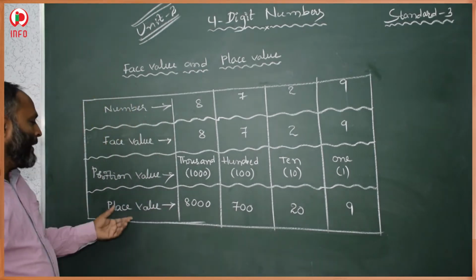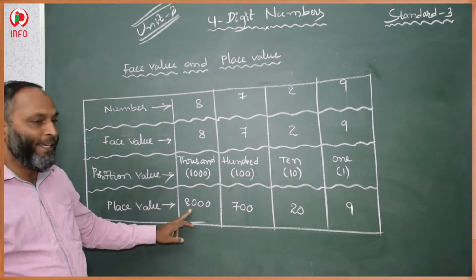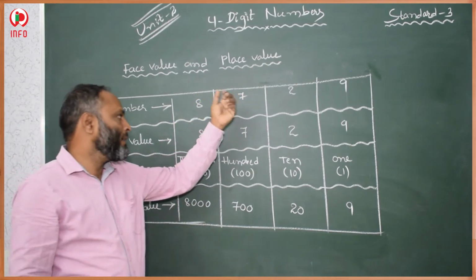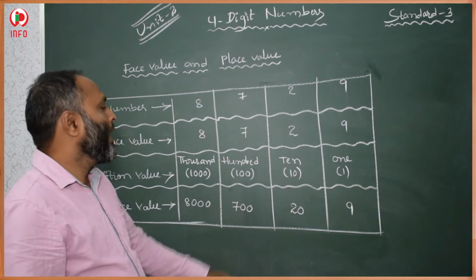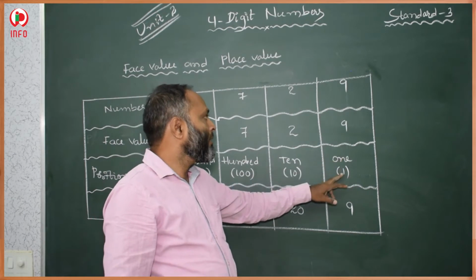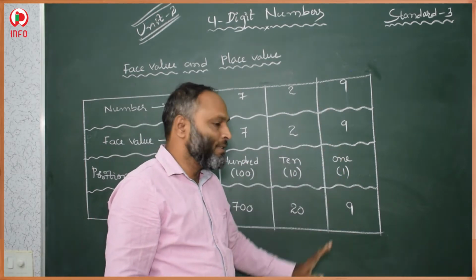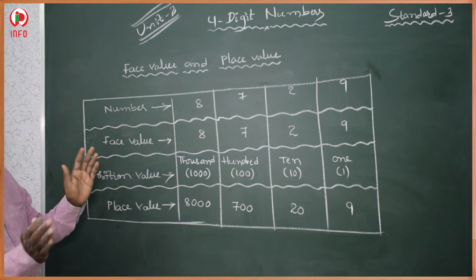Then place value: 8 into 1000, 8000; 7 into 100, 700; 2 tens are 20; and 9 ones are 9. This is the difference between face value and place value.